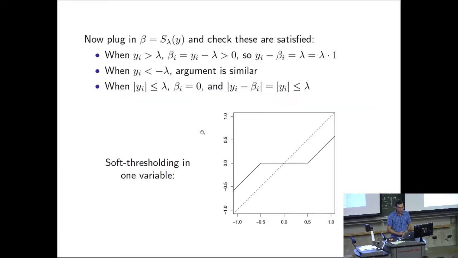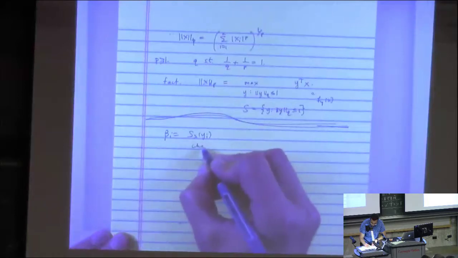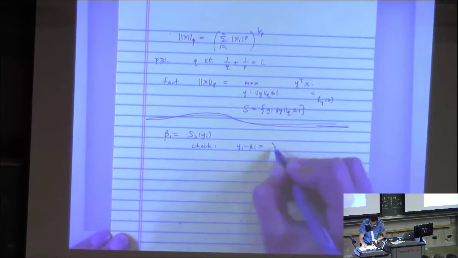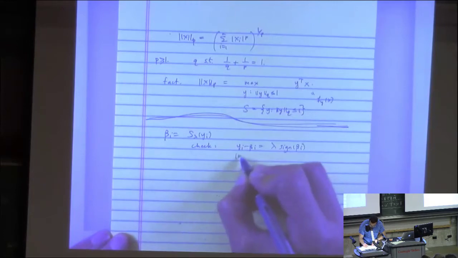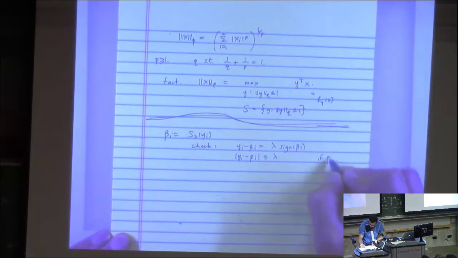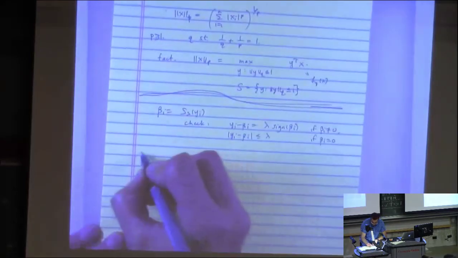We're just going to plug in beta_i equals soft thresholding at the level lambda of y_i, and check these conditions, which are that y_i minus beta_i is equal to lambda times the sign of beta_i, or is less than or equal to lambda in absolute value if beta_i is 0. So let's just break it up into a few cases.